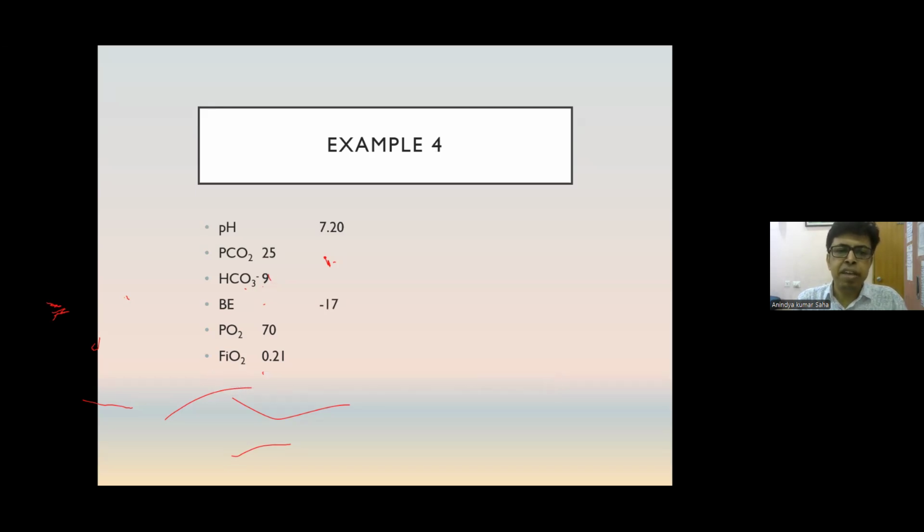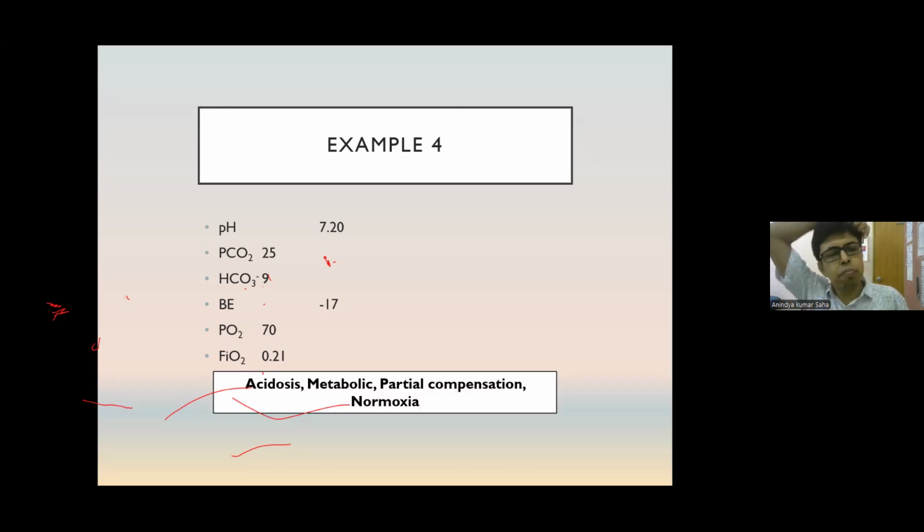Example 4, pH is in the acidotic range and bicarbonate is very high. So it is primarily metabolic acidosis. But PCO2 is also high, showing the alkalotic range. So there is compensation, but pH is not fully compensated. So there is primary metabolic acidosis, a simple disorder, with compensation by respiratory alkalosis, but it is partially compensated.